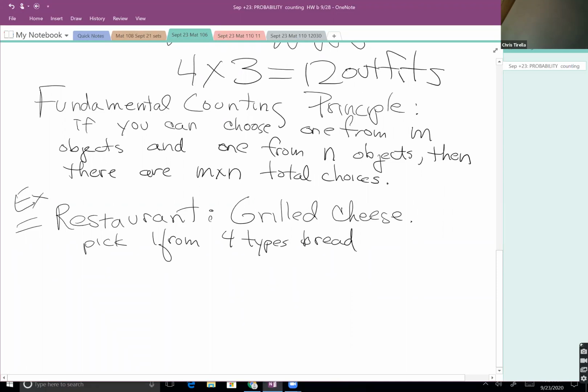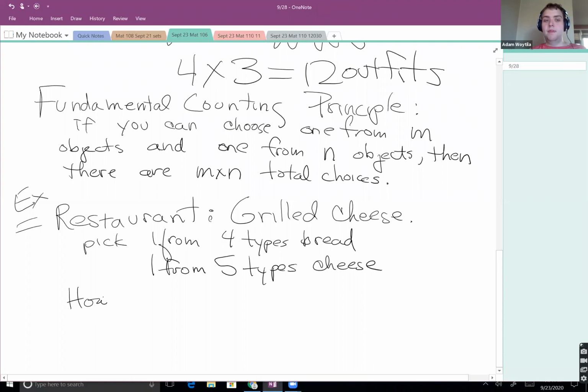So let's say they have white bread, wheat bread, sourdough, and rye. And you can pick 1 from 5 types of cheeses. Let's say American, cheddar, Swiss, mozzarella, and, what do you guys want to pretend the cheese is? Swiss? I can't remember if I did or not, so we'll add Swiss. Okay. How many sandwiches are possible?